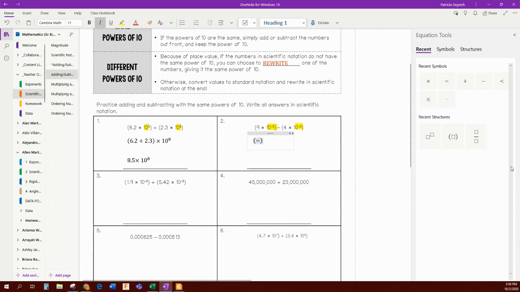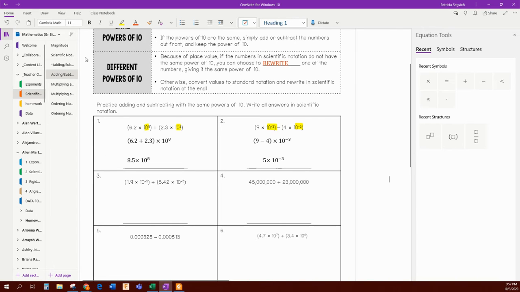This is 9 minus 4, and that is all going to be times 10 to the negative 3. We know that 9 minus 4 is 5 times 10 raised to the negative 3rd power. And we're done.